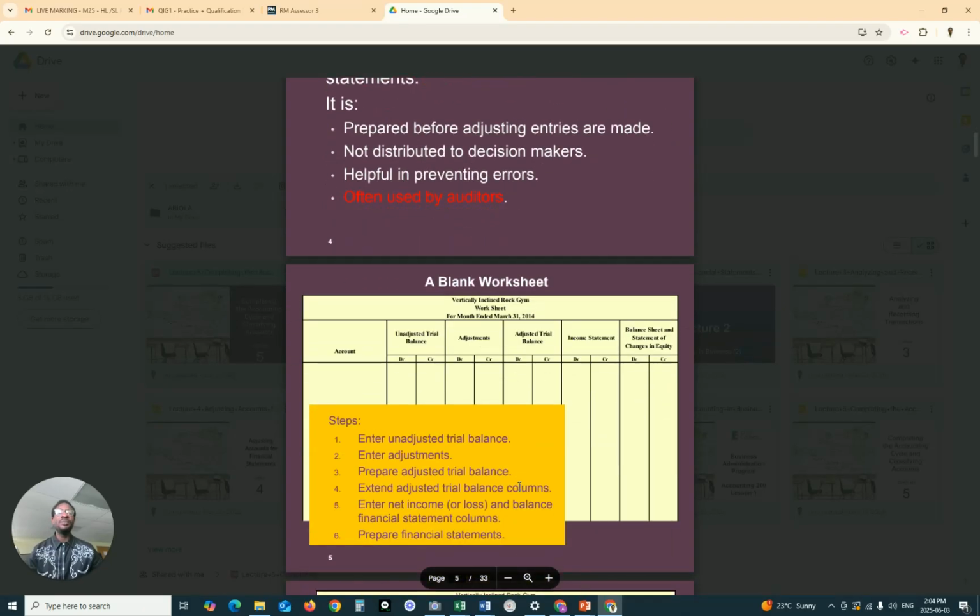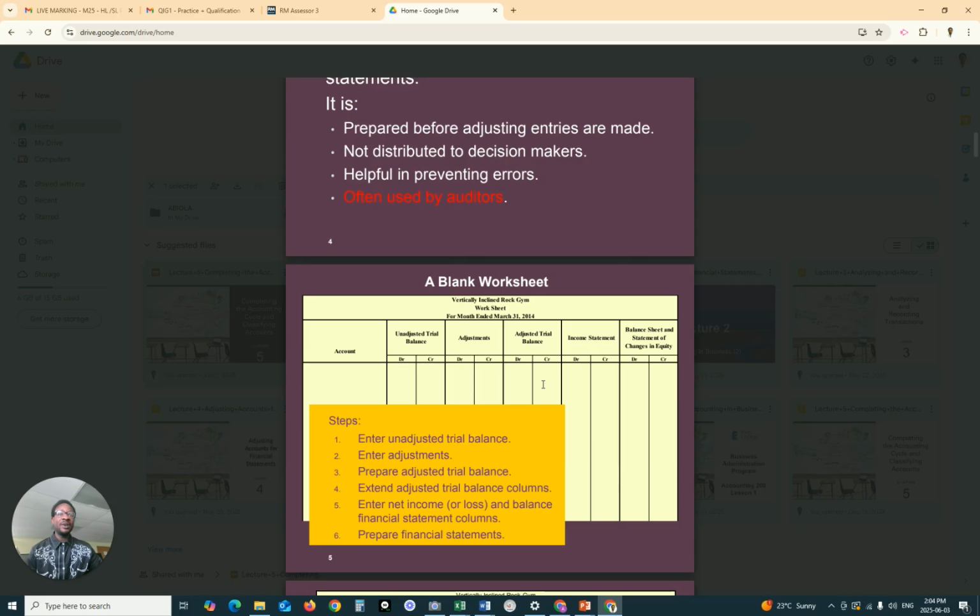This is a sample blank worksheet that has account, unadjusted trial balance, adjustments, and then our adjusted balances. So the balances we will have here is the adjusted trial balance.